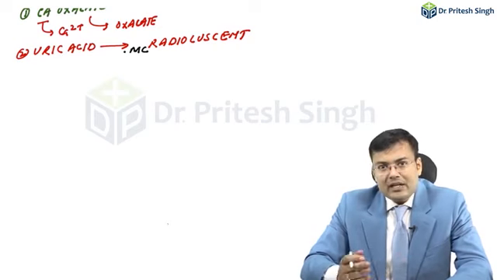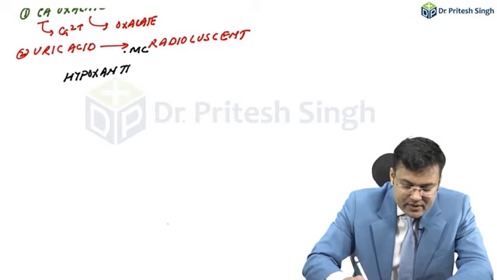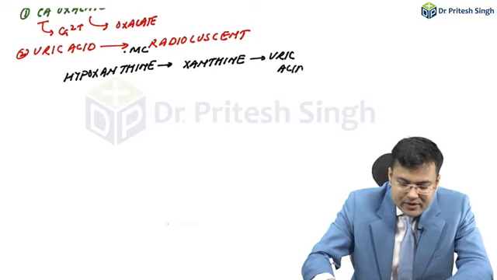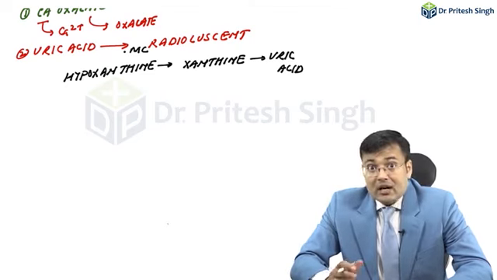Now see how there is formation of uric acid. There is hypoxanthine. This hypoxanthine is converted into xanthine, and this xanthine is converted into uric acid. It means in the treatment, what are the options?